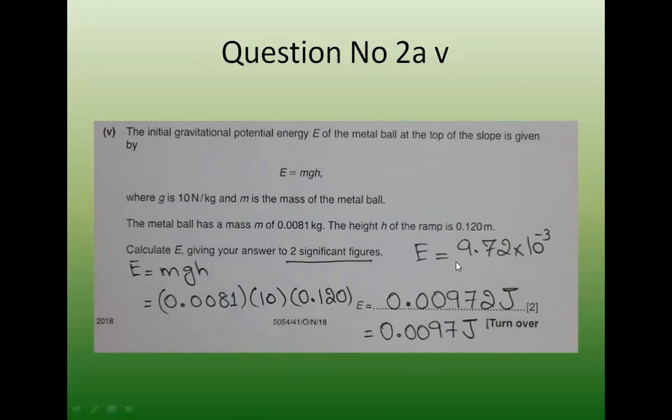If you convert this scientific notation into ordinary notation, the decimal will move 3 steps to the left. So your final answer will be 0.00972 joules. And because we want the answer in two significant figures, it will be 0.0097 joules.